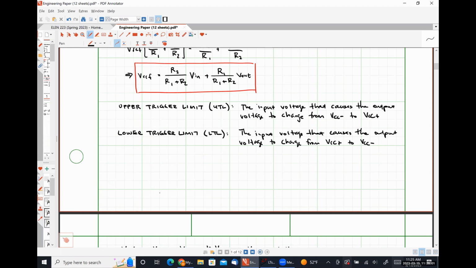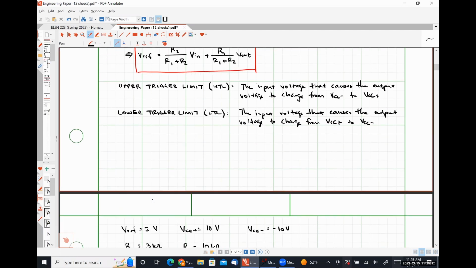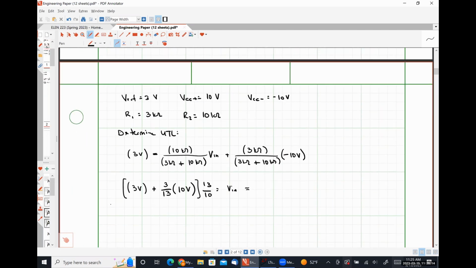So we put VCC minus in as our output voltage because that's what it is until we transition. And we'll see the same or the opposite thing, I guess, when we look at the lower trigger limit here in a moment. What'd you get? 6.9. 6.9 volts. Seems reasonably close to the 7 that we observed looking at our simulation.